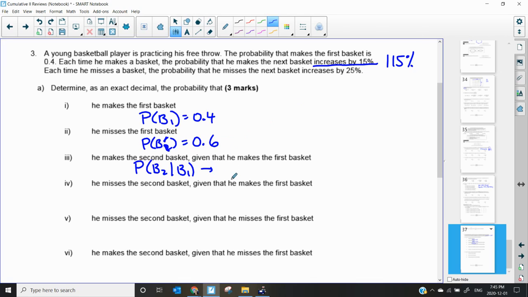And so if he makes the first basket be 0.4, we want to multiply by 1.15. And so 0.4 times 1.15 gives us 0.46. So then we're looking at the probability that he misses the second basket given that he made the first one. Well, that would be 1 minus 0.46, which would be 0.54.